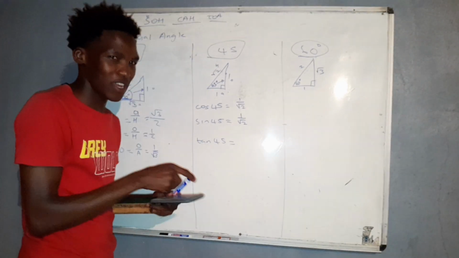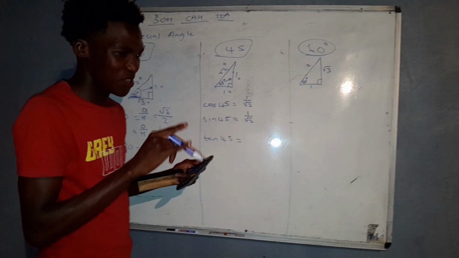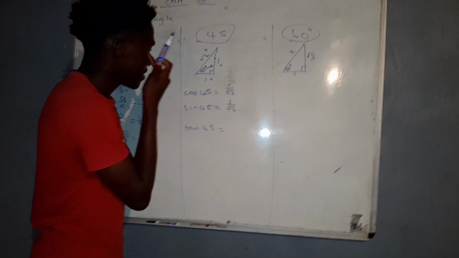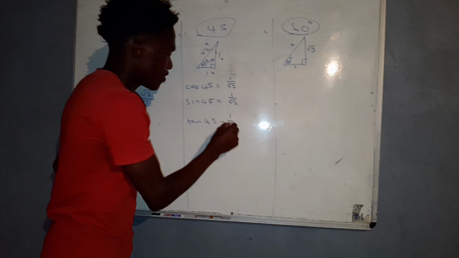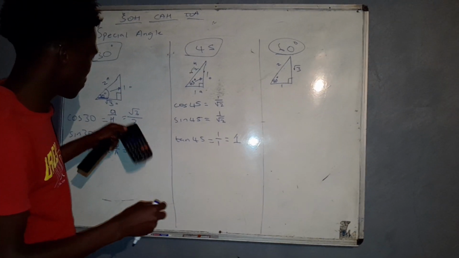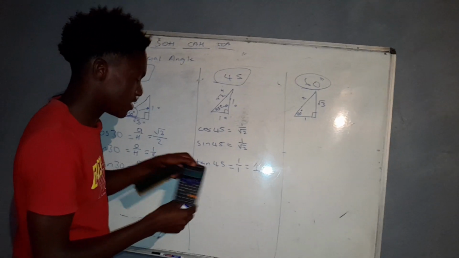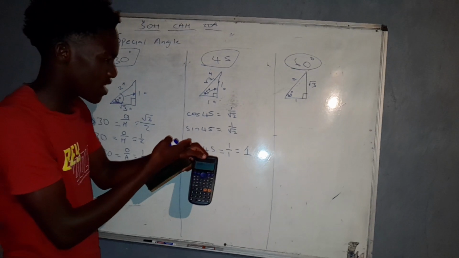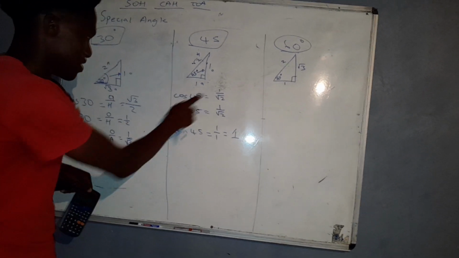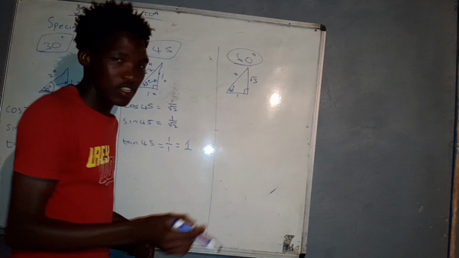Gotta be smart. Even though you may be using a calculator, be smart. So now tan 45, it's opposite over adjacent, it's 1. Whenever I do tan 45, it will just give me 1. It's the same thing here, but there are 3 things you've got to watch out for. So now let's proceed.